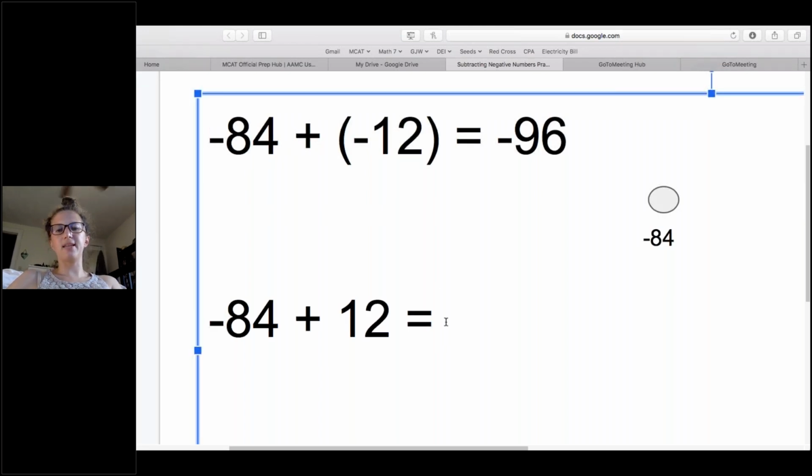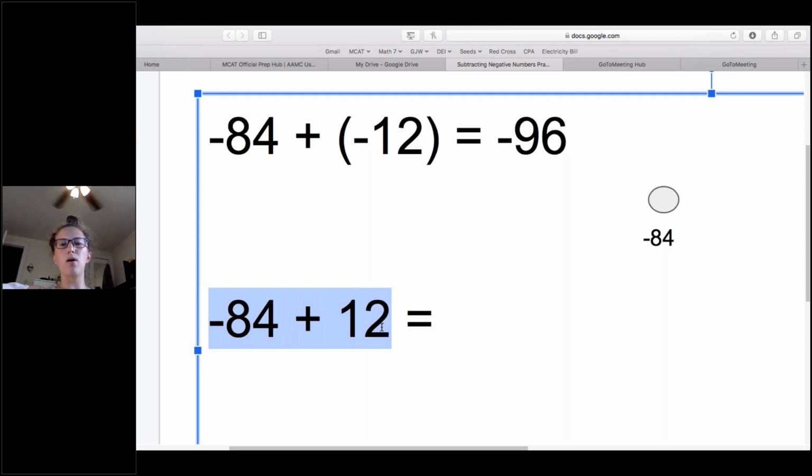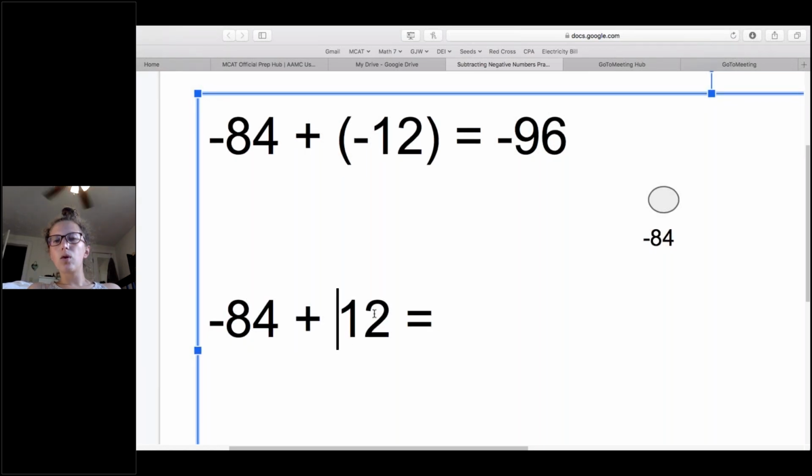Now we're going to come back to the number line. Here's a different problem. This is negative 84 plus 12. What makes this problem different than the one we just did? We lost this negative sign. Perfect. Are both of my signs the same here?